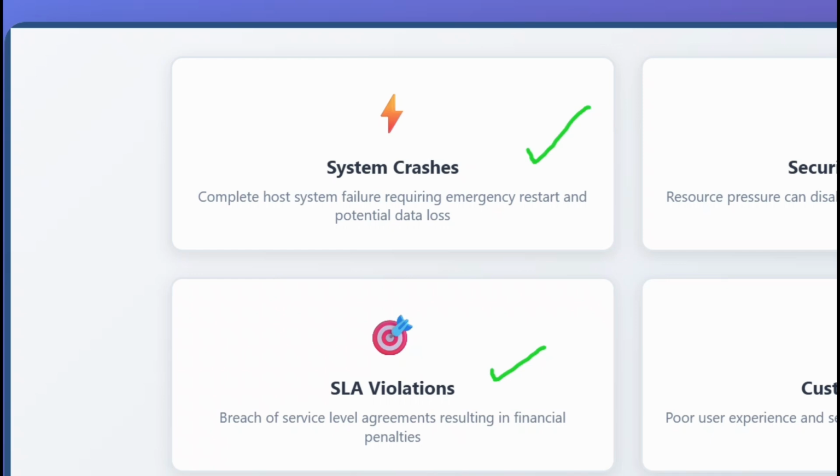Okay, and here is one of the real world case studies. A major e-commerce site lost around 1.7 million in just 4 hours during a Black Friday. What exactly was it? A single container consumed all available memory and brought the entire system down.